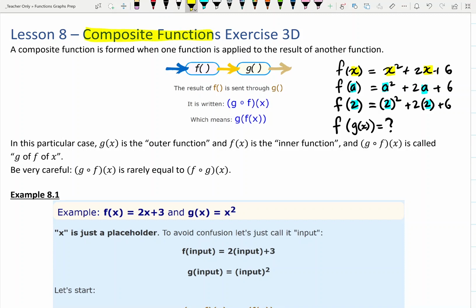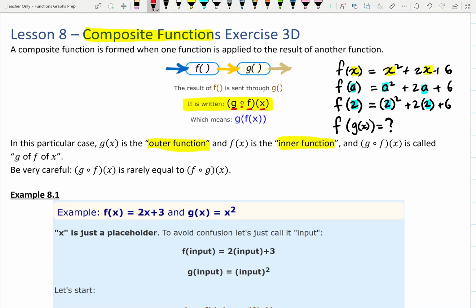With composite functions, we have a very important distinction, and that is an inside function and an outside function, or inner and outer functions. The terminology that we will use the most is this particular one here, and it's called g of f of x.